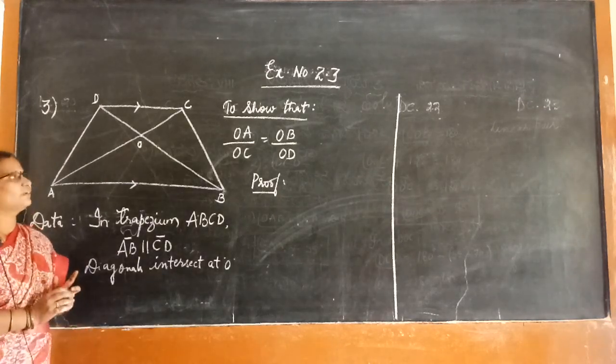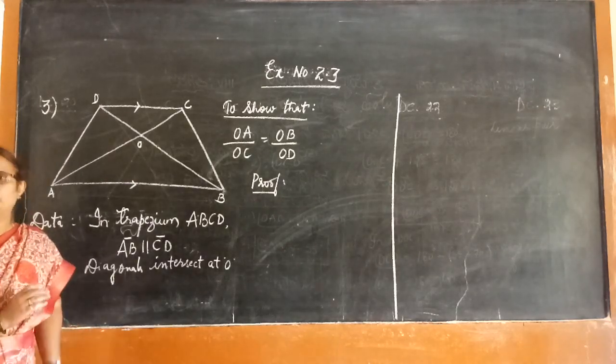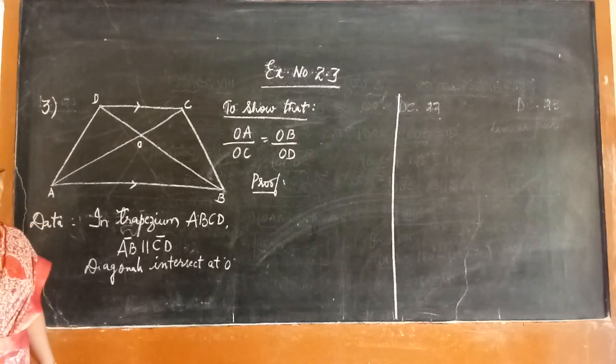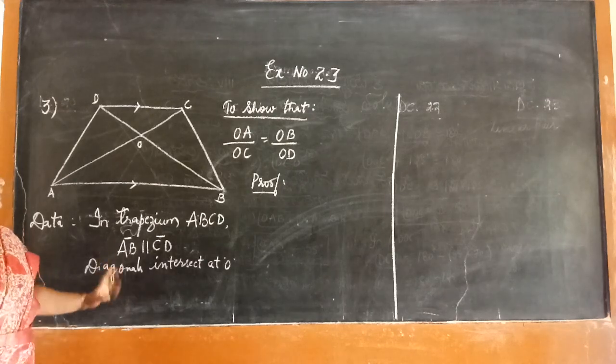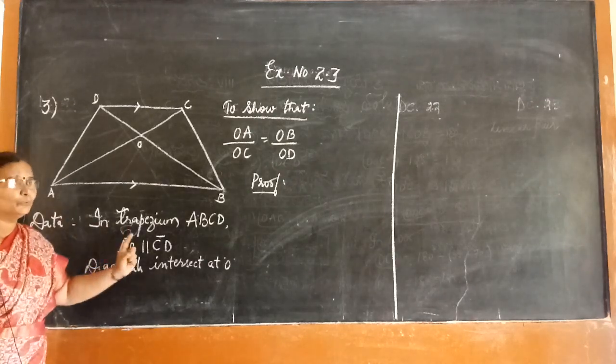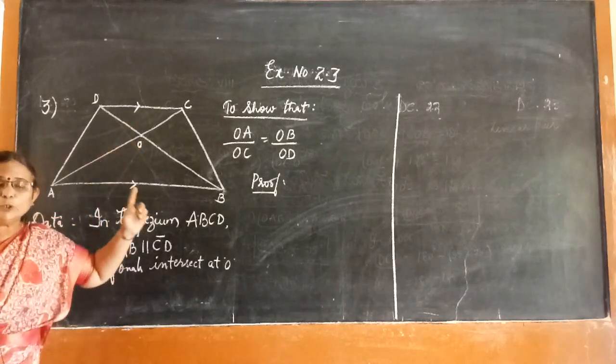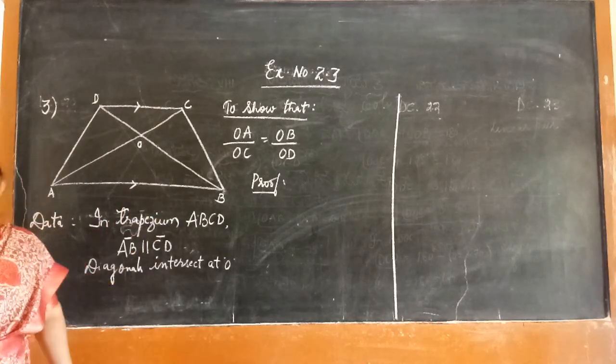Unless you show the triangles are equiangular, you cannot proceed with the problem, children. I repeat, in any similar triangles problem, remember to prove the triangles are equiangular and then say it is similar.